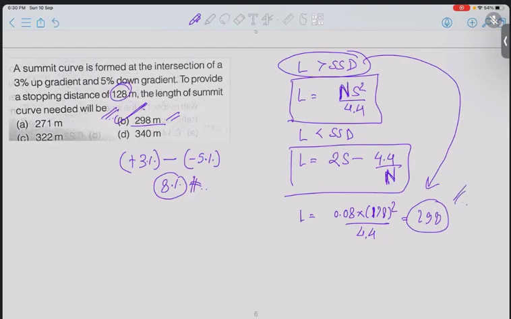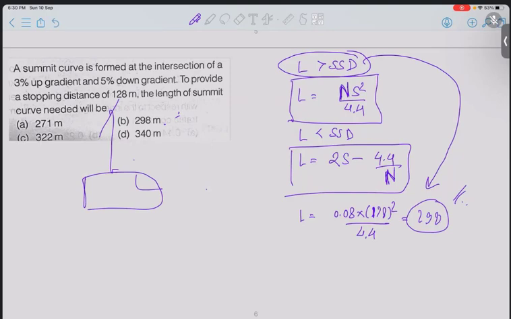Now, let's say this is a question, and instead of this information, I give you additional information. I say that the eye height of the driver, so this is the vehicle and this is the driver sitting here, the eye height of the driver is some 1 meter, and the headlight height is, let's say, 0.1 meter.